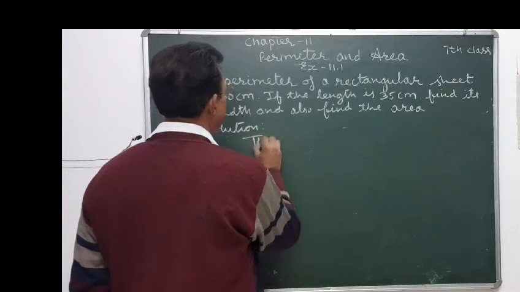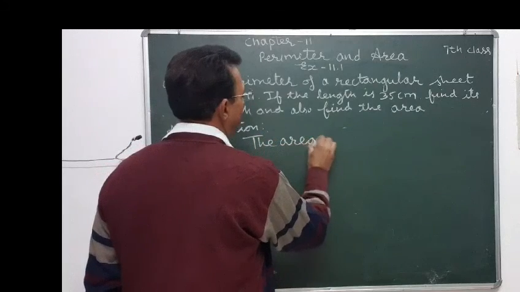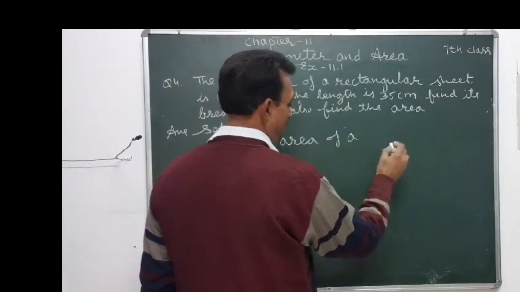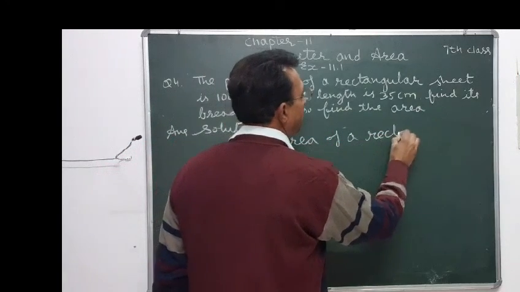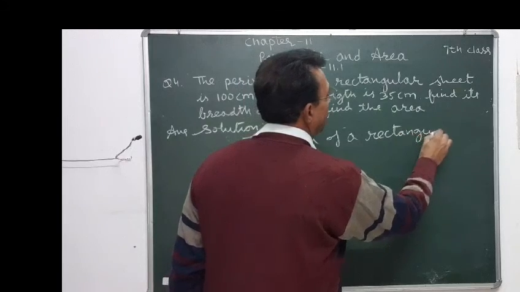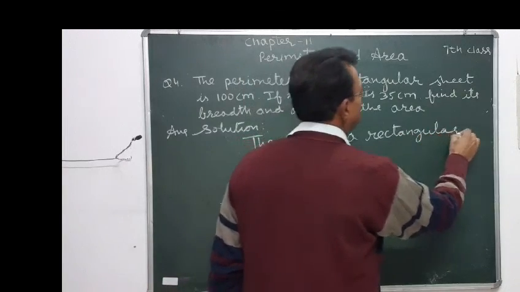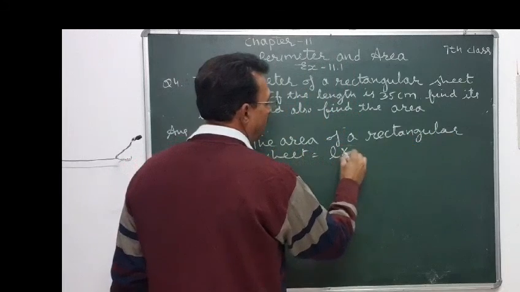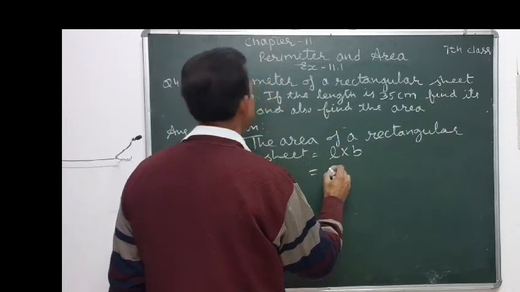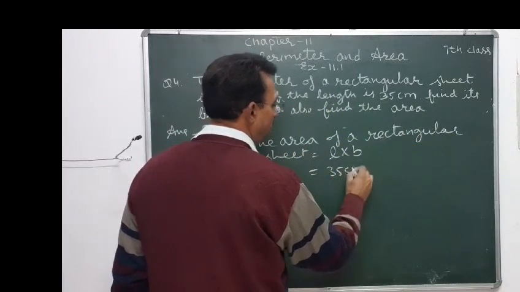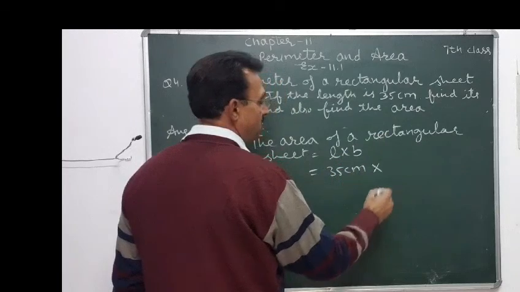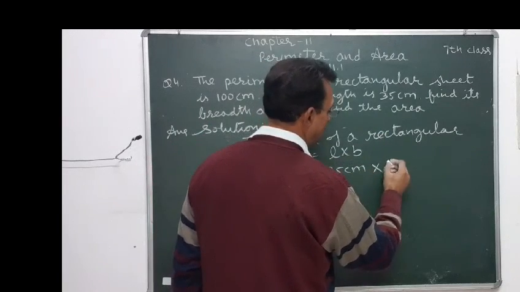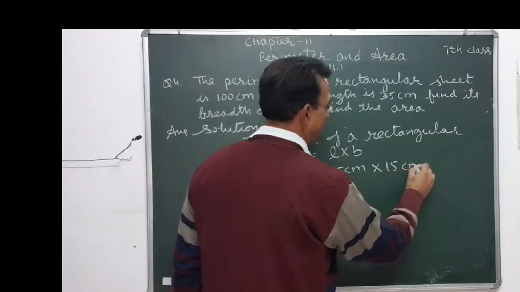So the area of a rectangular sheet is equal to length into breadth. Length given is 35 centimeter. Breadth we have just found, this is 15 centimeter.